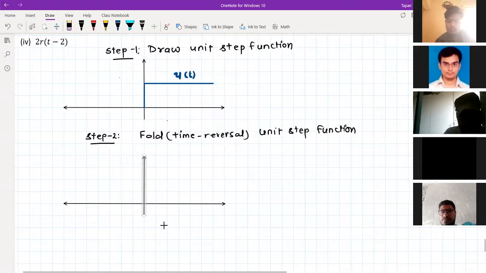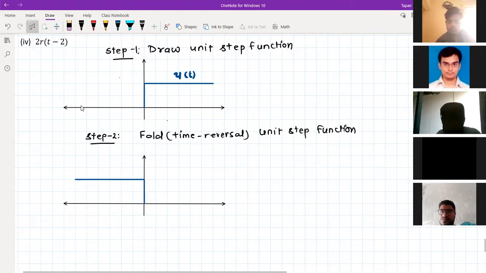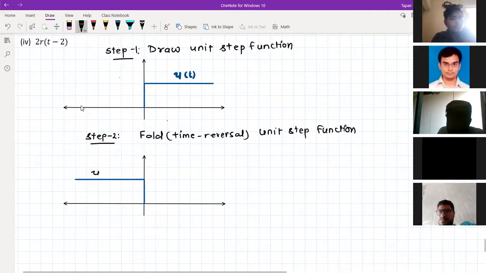So when you fold it, you are actually performing the time reversal. Nothing else changes. You get u of minus t.